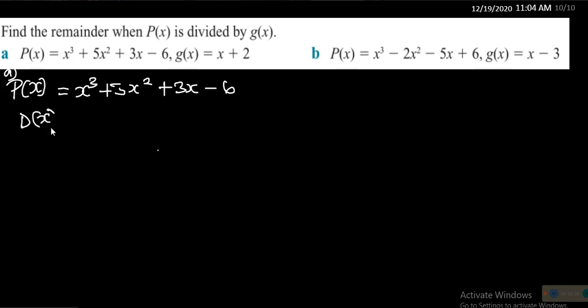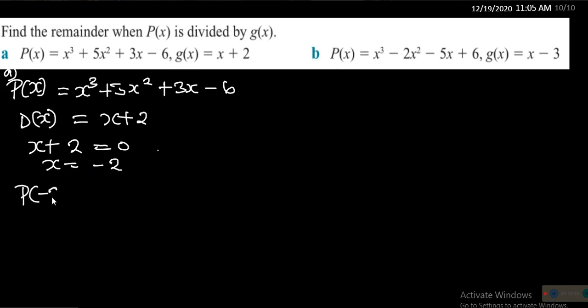And g of x is our divisor, which is x plus 2. Now you let x plus 2 equals 0, so that you have x equals minus 2. So your remainder is going to be p of minus 2.